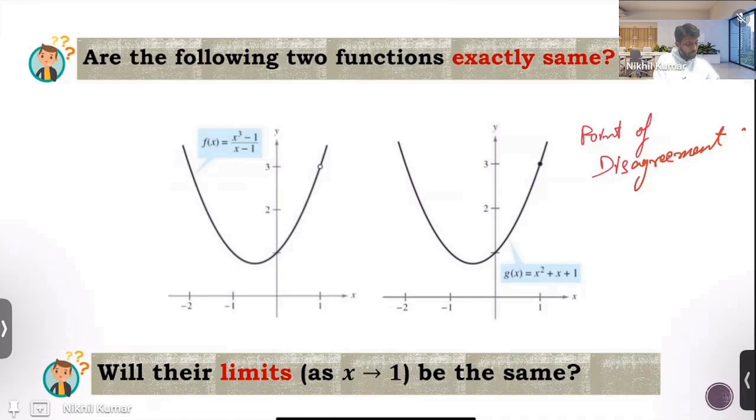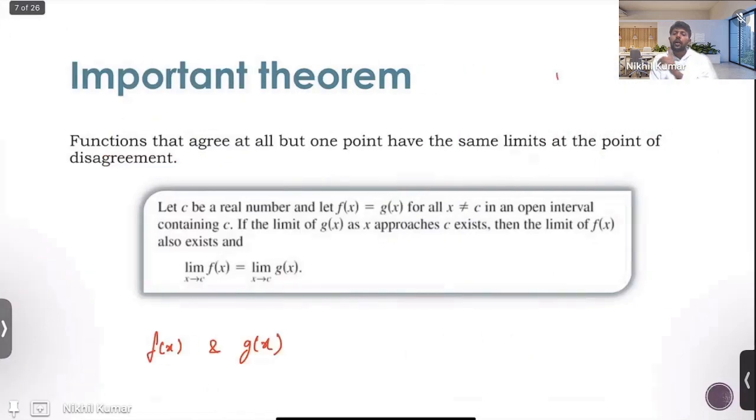And what's the point of disagreement? It's x equal to 1. This is the only point of disagreement. Now look at that theorem. Functions that agree at all but one point. That means functions that agree at all points but not at some specific point, let's say x equal to 1. They have the same limits, as we saw just now, at the point of disagreement.